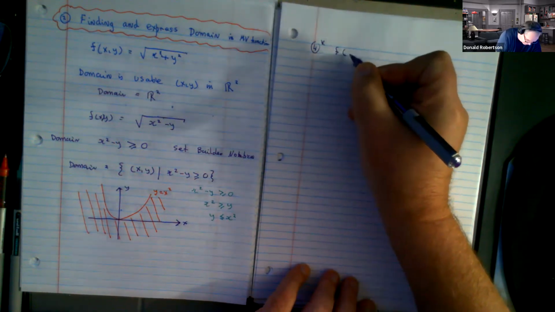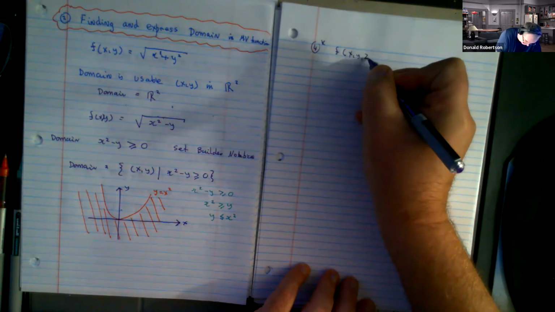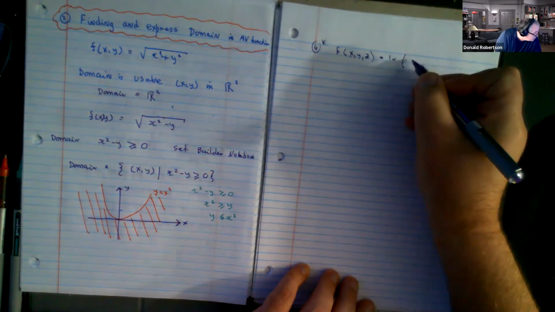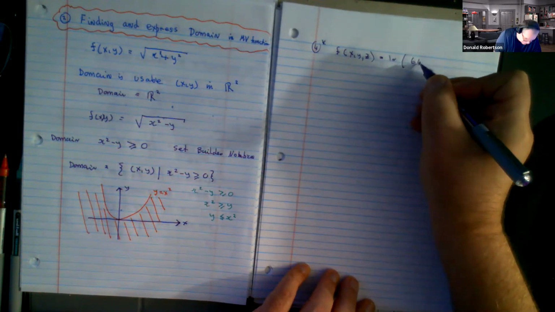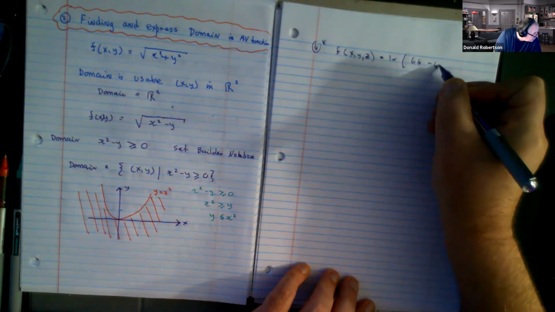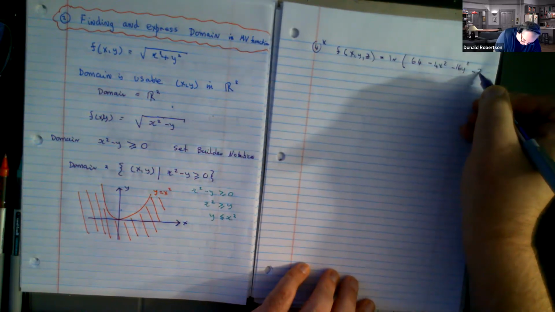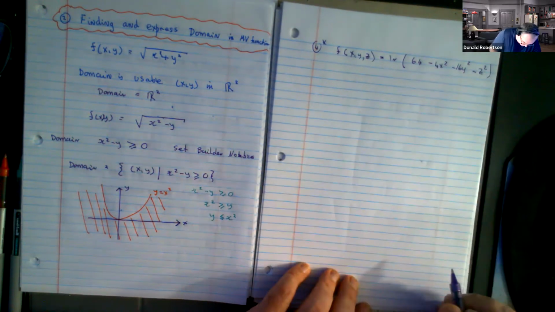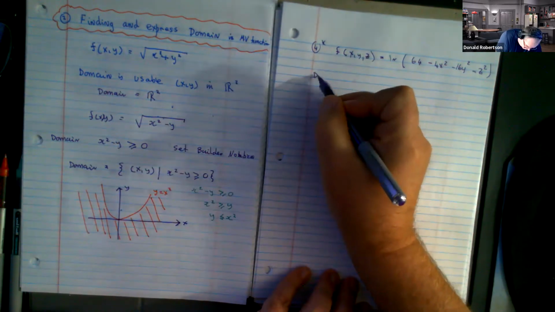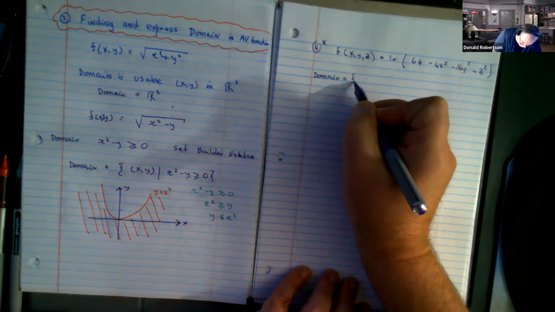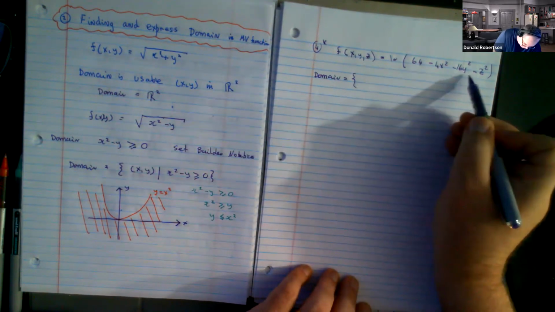I have a function of x, y, z, so it's got another dimension to it. And it's the natural log of 64, take away 4x squared, take away 16y squared, take away z squared. Now you want to talk about the domain of this function. You're really interested in what are acceptable values of x, y, and z.